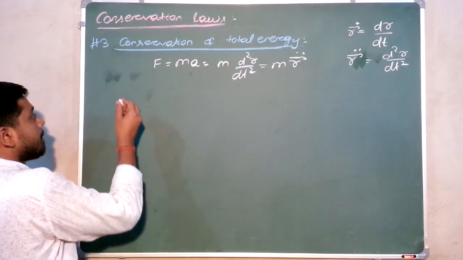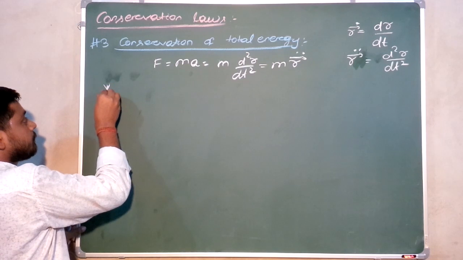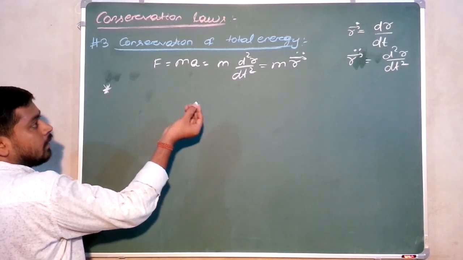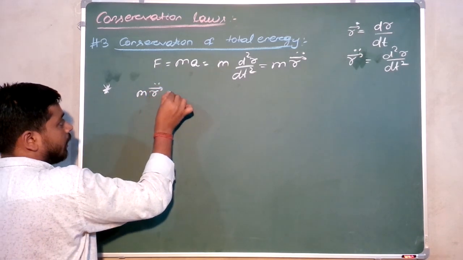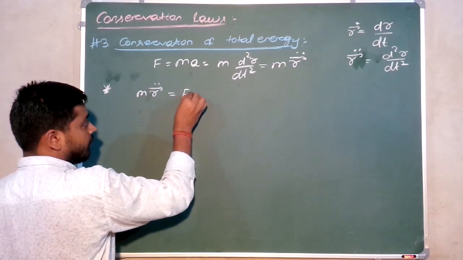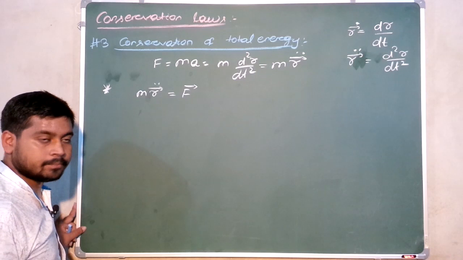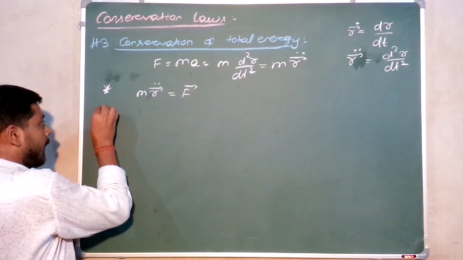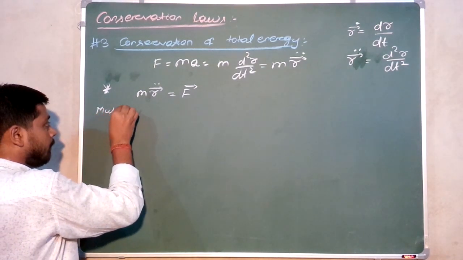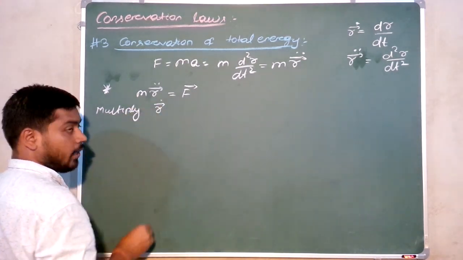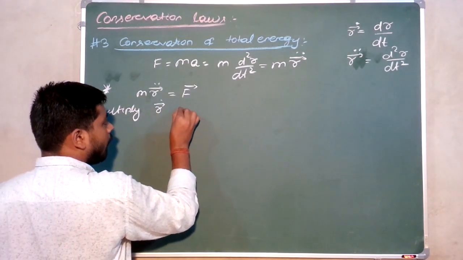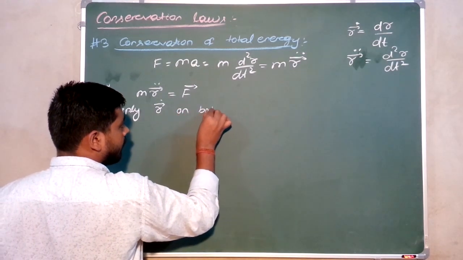How can you derive it? Just see here. Here you can write m r double dot equal to F. Then multiply r dot on both sides.